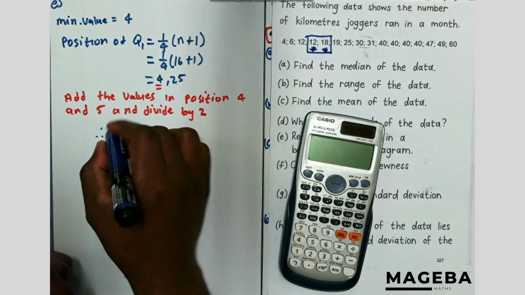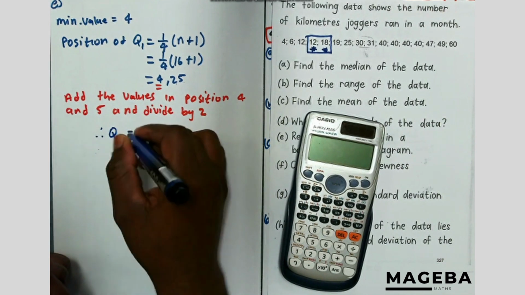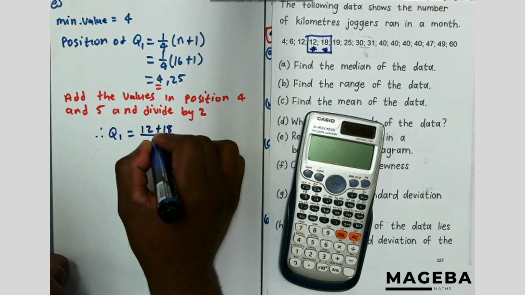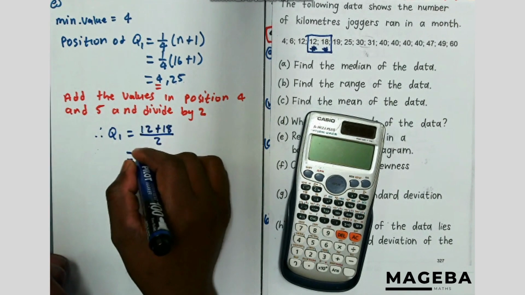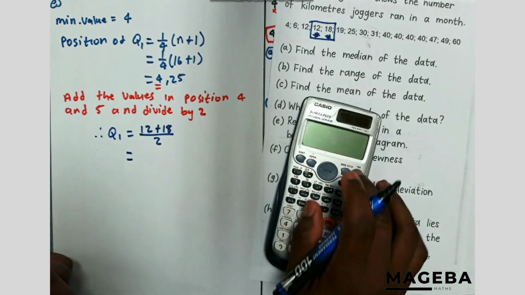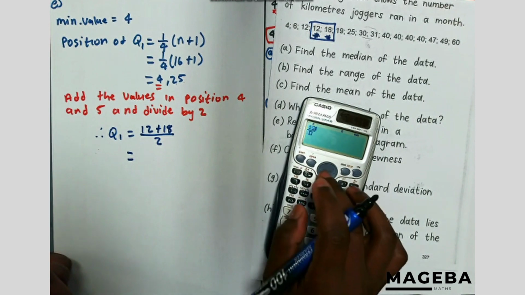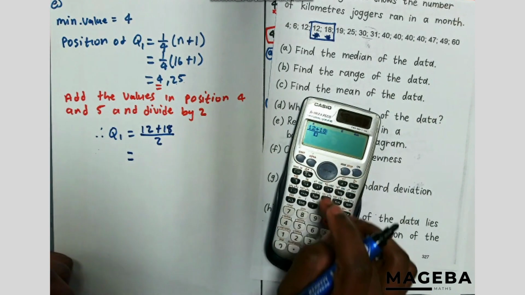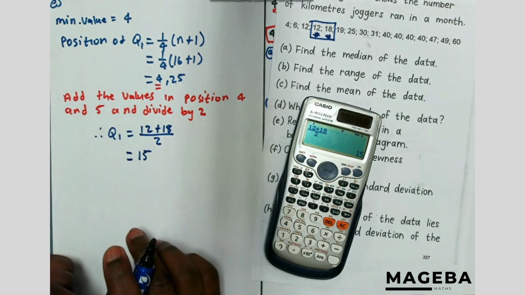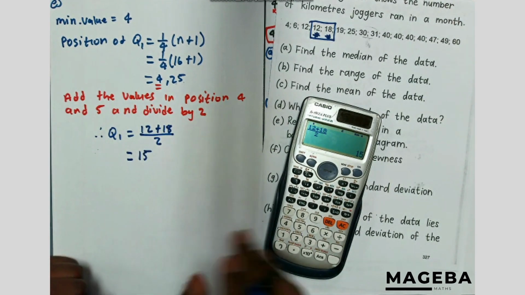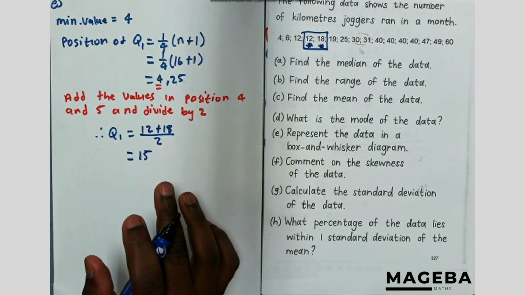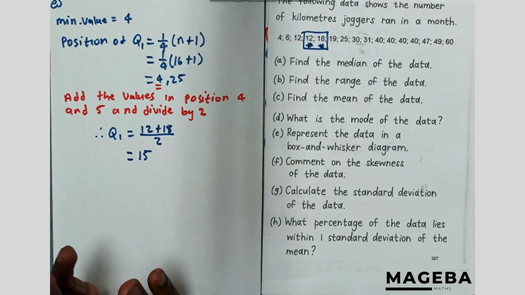So how do you find Q1? 12 plus 18 over 2, we find 15. So this is Q1. I hope you understand, guys, how we find Q1.